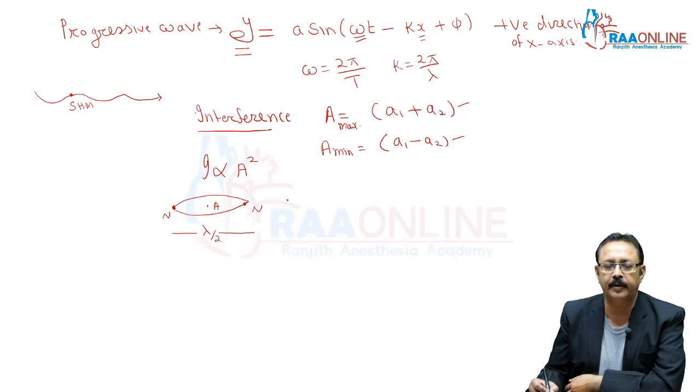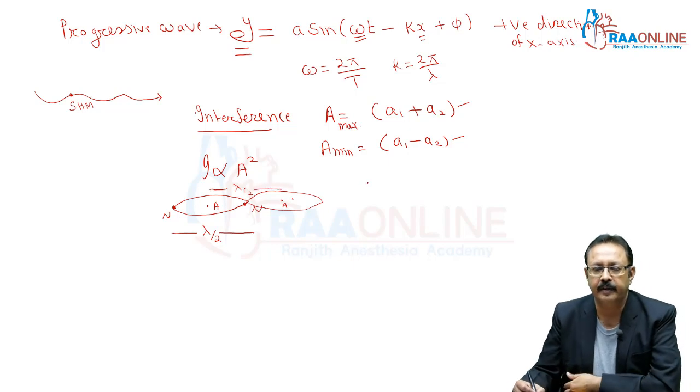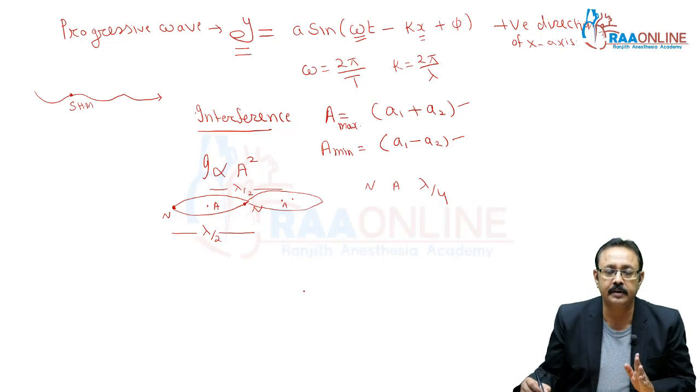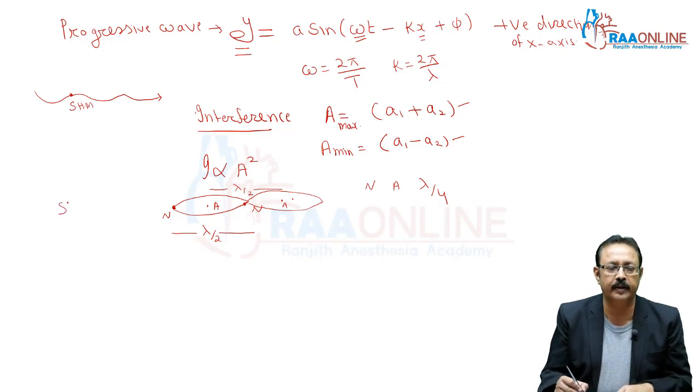Same for antinodes: the distance between nearby antinodes is again λ/2. It means the distance between a node and the nearest antinode is λ/4. So you will get a stationary wave.